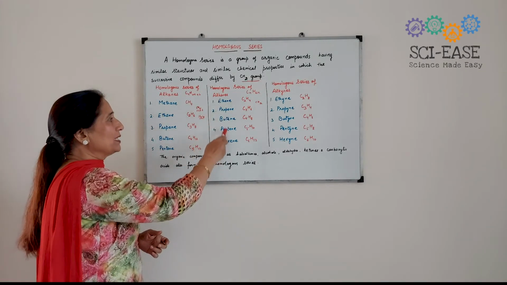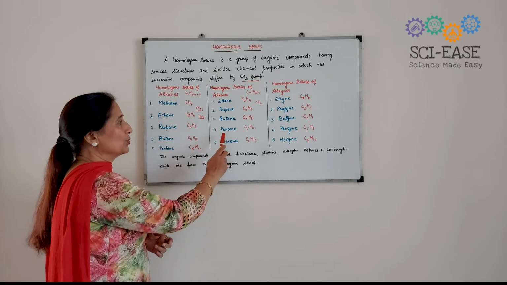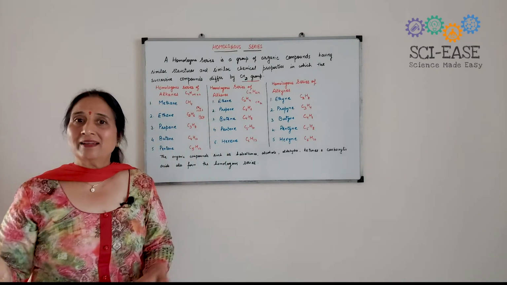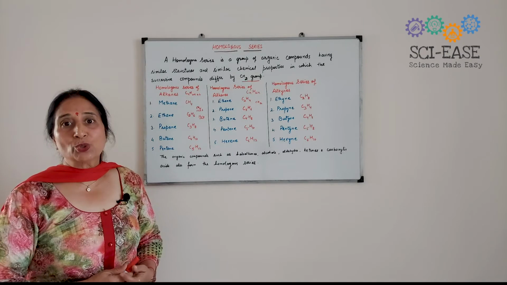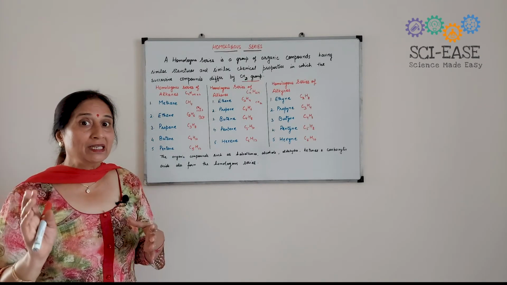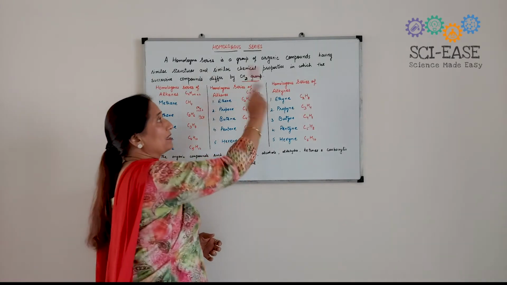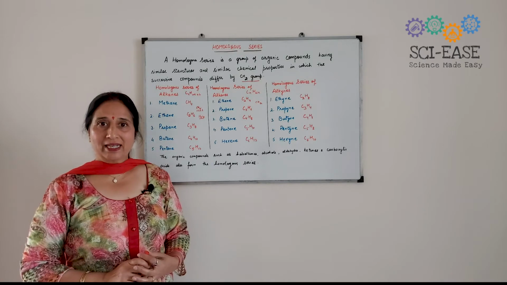In the same way, you can see that between butene and pentene, there is a difference of CH2. Between pentene and hexene, there is a difference of CH2, and the molecular mass difference is 14 u.